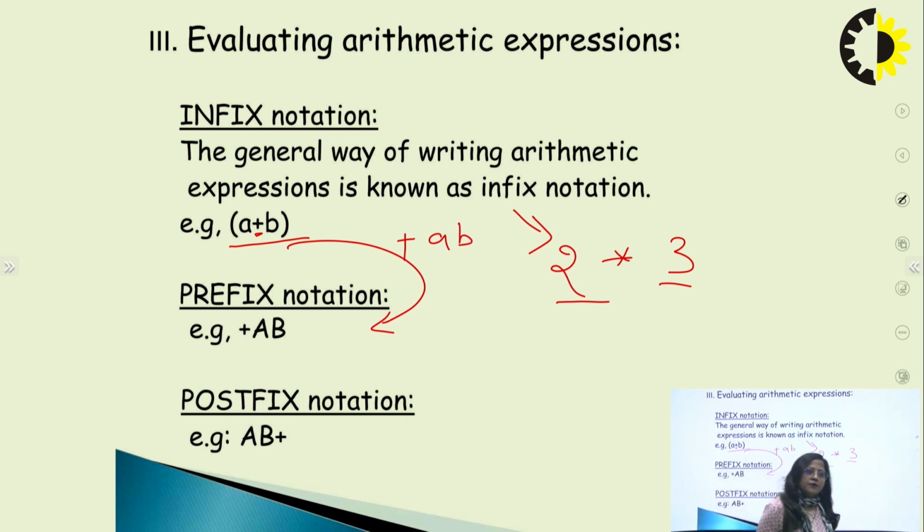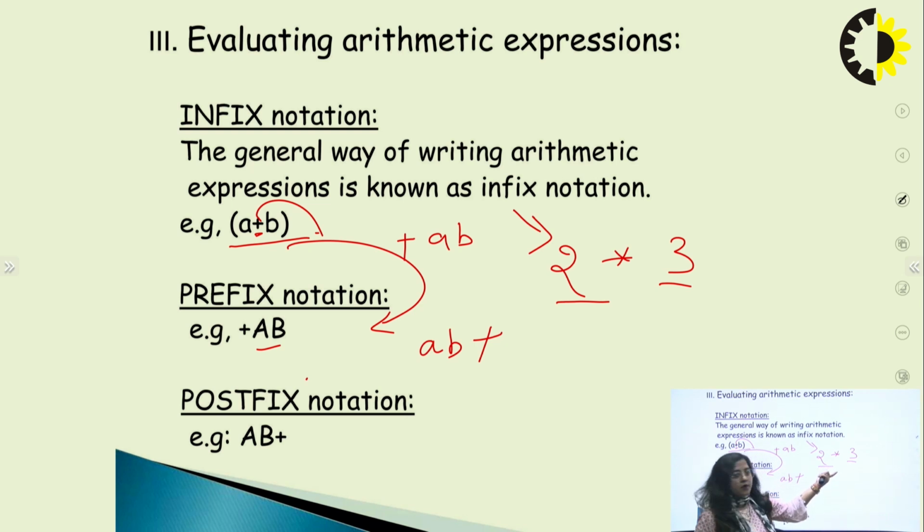Now this infix notation can also be converted into postfix notation. In postfix, you first apply the operands, and last apply the operator. So A and B, and last apply this one. So these are called infix, prefix and postfix.